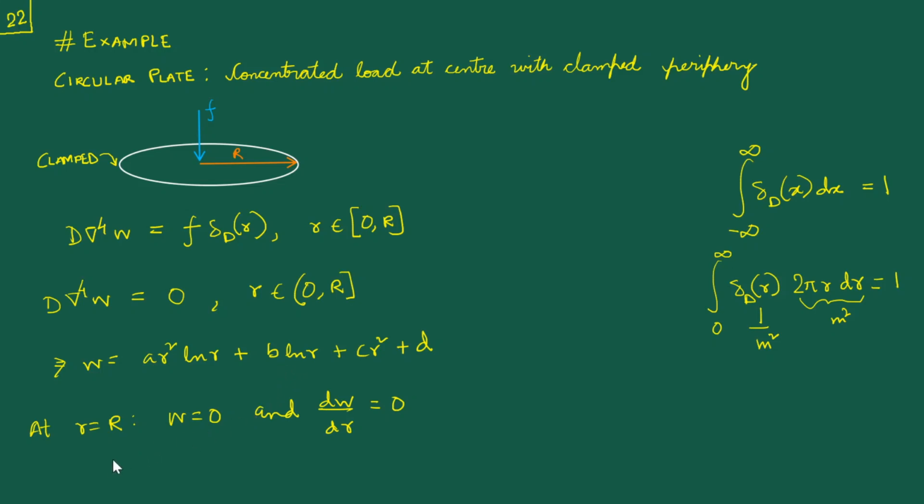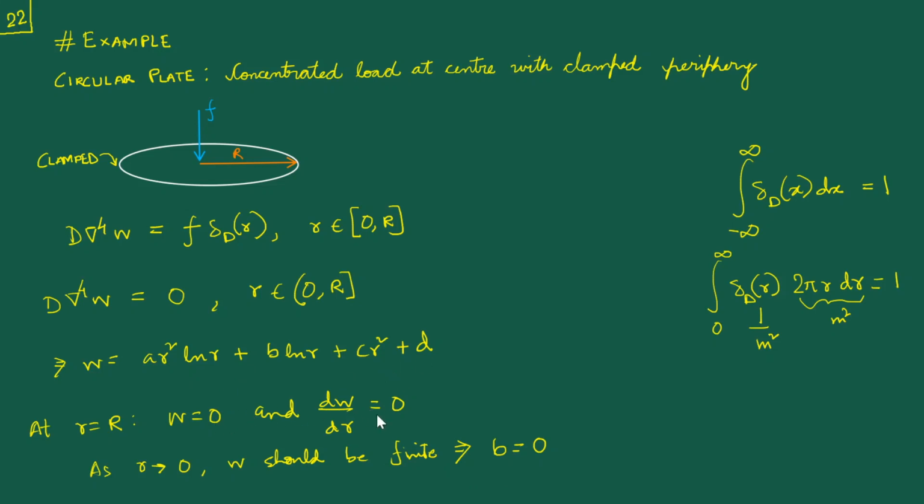So what we say here is that as r tends to 0, W should still be finite. And if that is so, we can immediately conclude that B must be equal to 0. So we are left with this term, and this term.